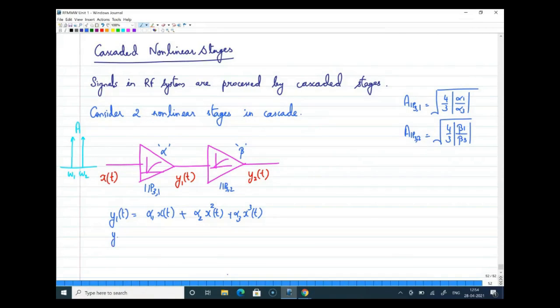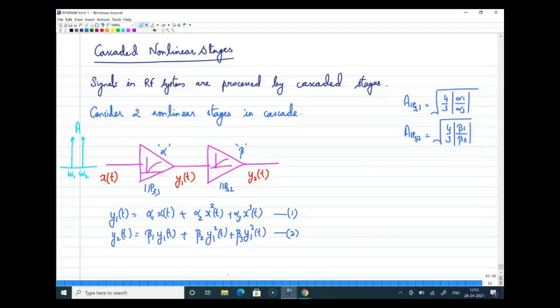Now y2 of t is actually the output of the second stage, and the input to that is y1 of t, so that can be written as beta 1 into y1 of t plus beta 2 into y1 square of t plus beta 3 into y1 cube of t. This can be extended up to many terms, but for mathematical convenience, we are restricting only up to third order nonlinearity.